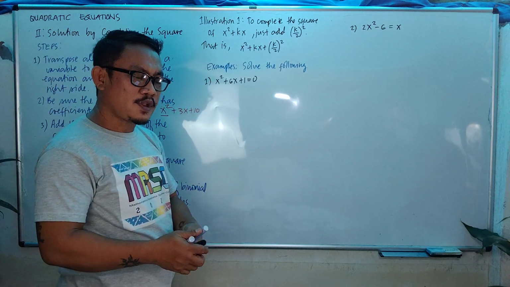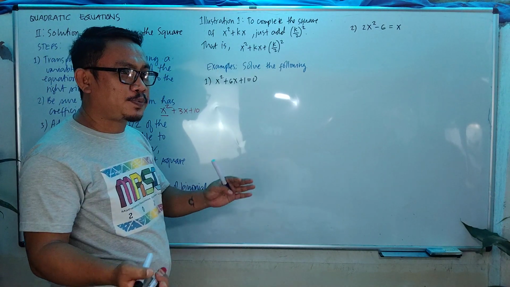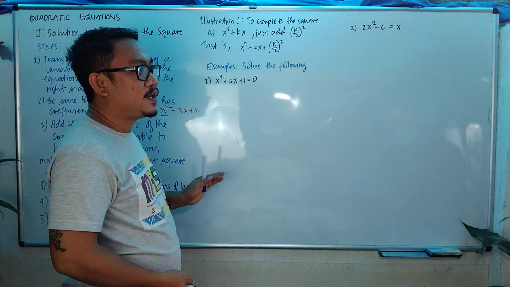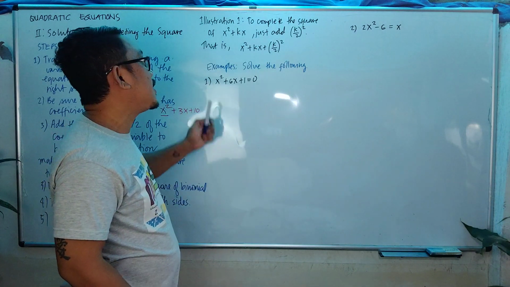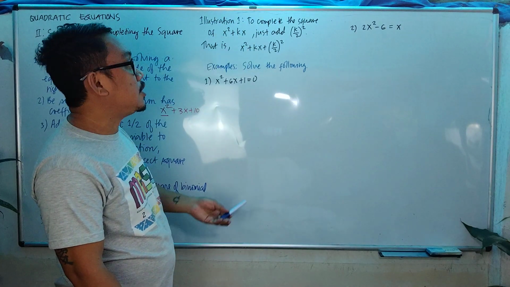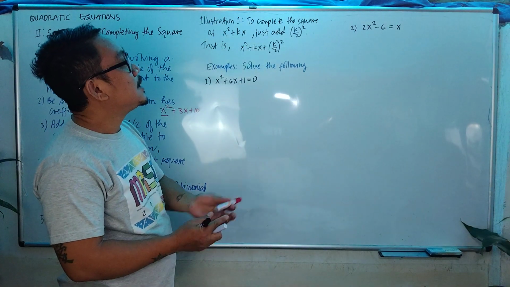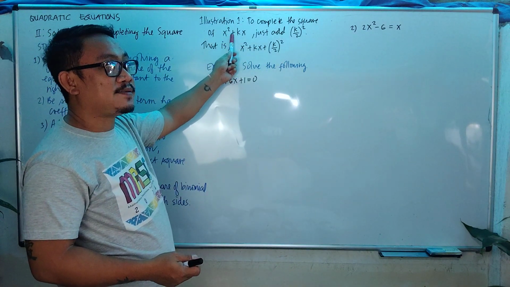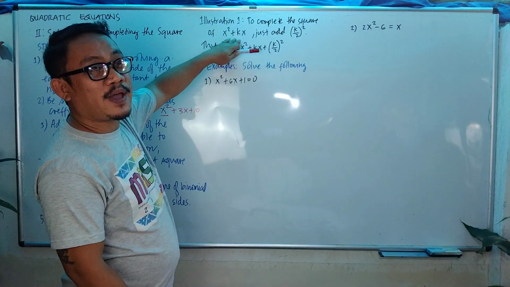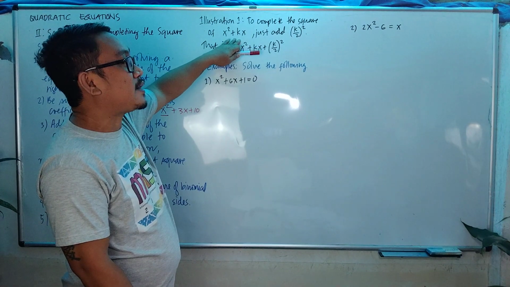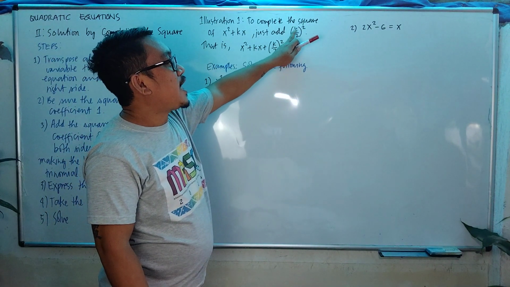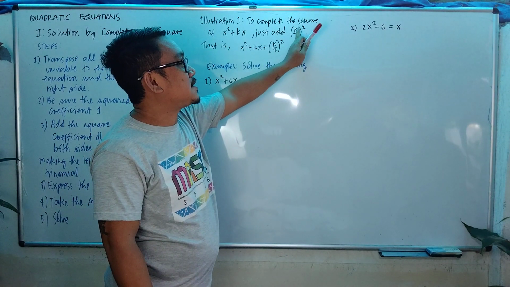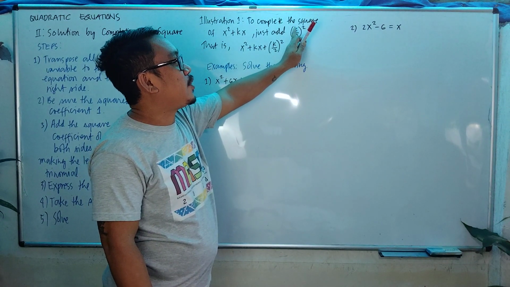Again, before you proceed to solving quadratic equations by completing the square, this is the first illustration. It says that to complete the square of x squared plus kx, just add k over 2 to the power of 2, or the square of 1/2 the coefficient of x.